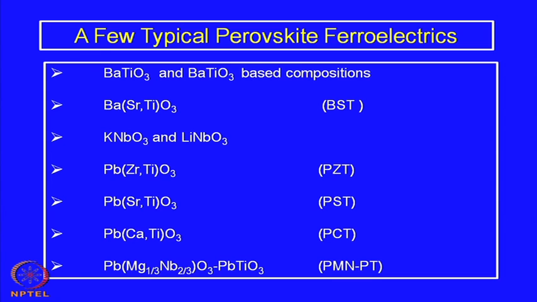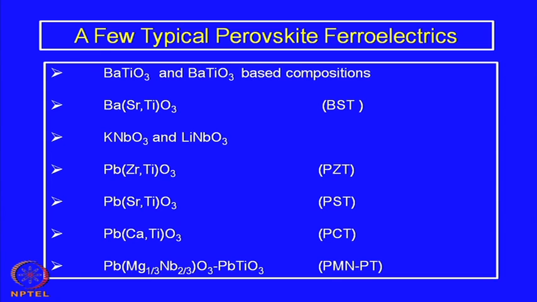So, instead of divalent and tetravalent, they have been replaced by monovalent and pentavalent, and that is how the charge neutrality is maintained. Therefore this family also has certain interesting properties, and they have been used in different kinds of optoelectronic devices and so on.